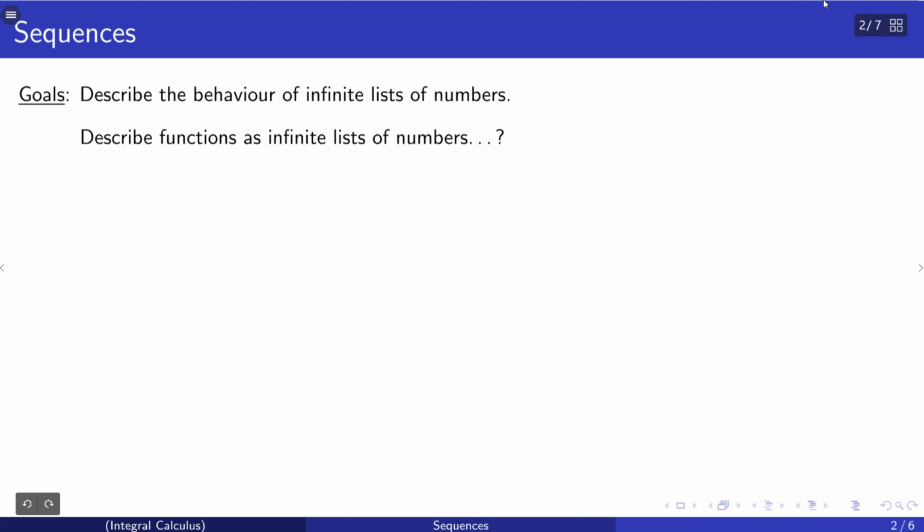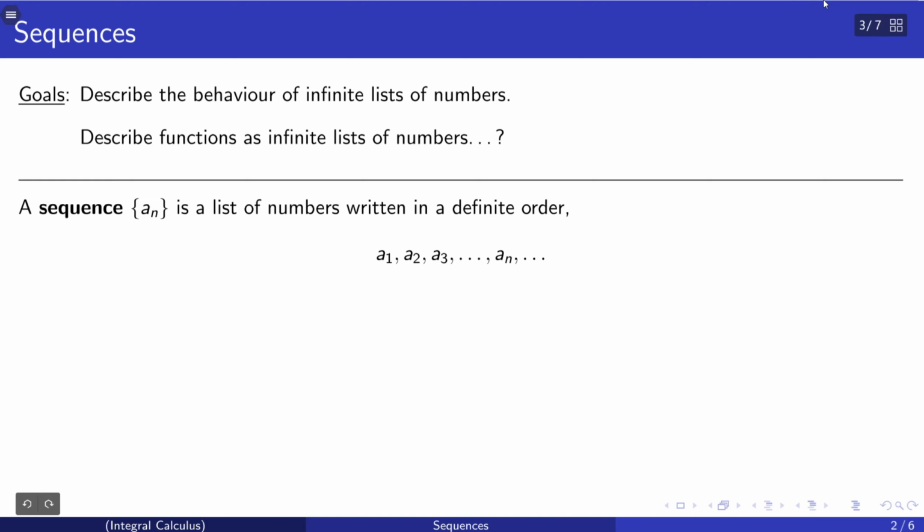So before we get to all of that, let's start from the very beginning and define what sequences are. A sequence is, well, pretty much an infinite list of numbers, right?